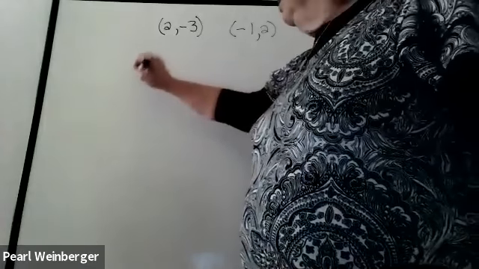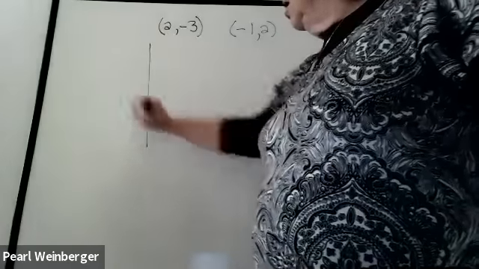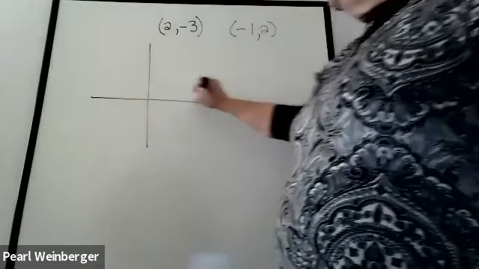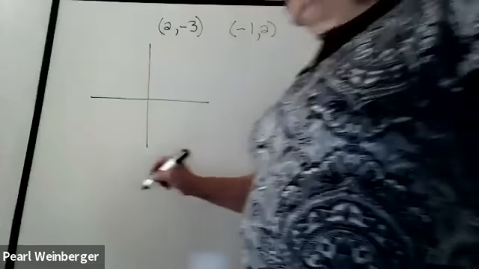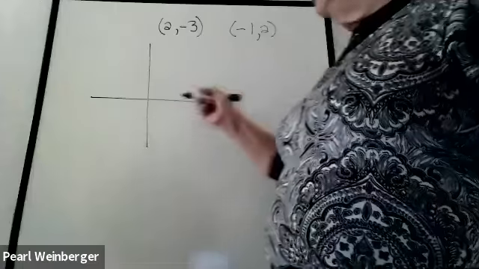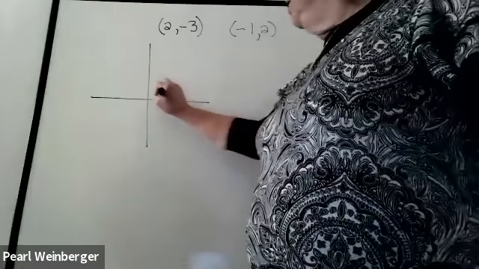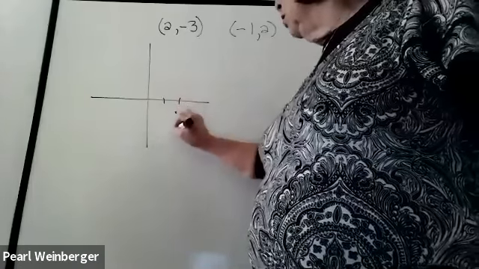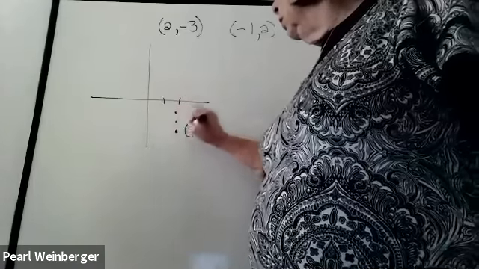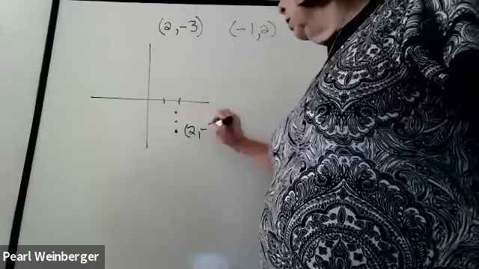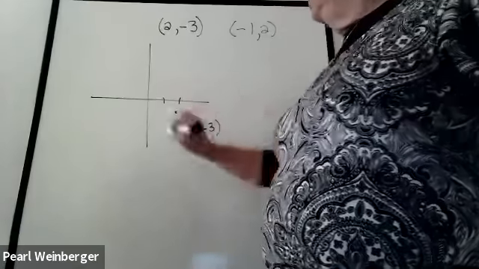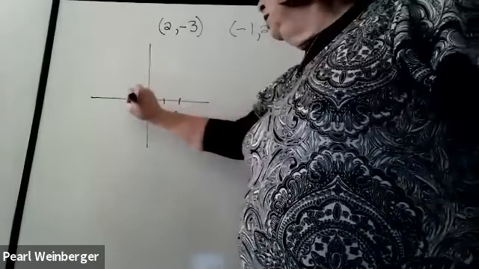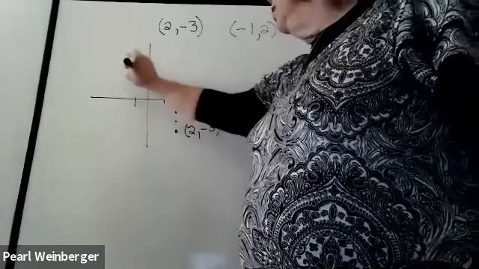Okay, so let's get a picture of it over here, though you don't have to draw it. 2, -3 would be 2 to the right, 3 down. -1, 2 would be 1 to the left, 2 up.